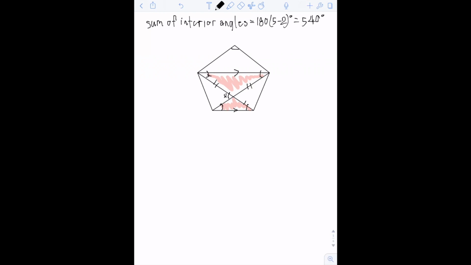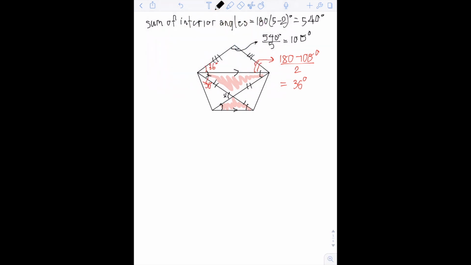And this is regular, so that means that each of these angles is 540 divided by 5, or 108 degrees. So this is isosceles, and that means that these two base angles are each 180 minus 108 divided by 2, which is 36 degrees. And so this is 36 degrees, and this is 36 degrees.